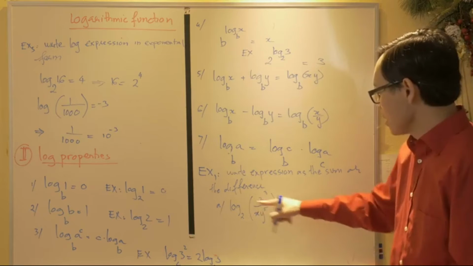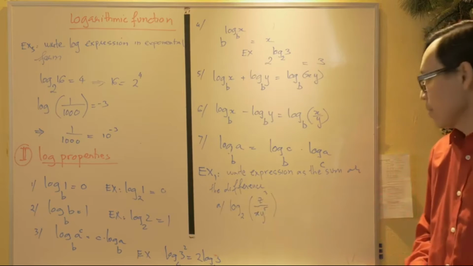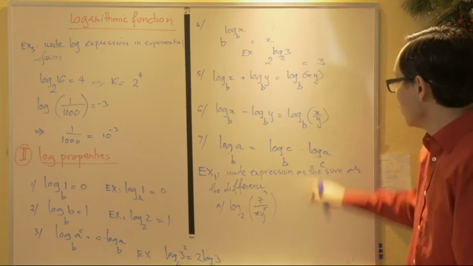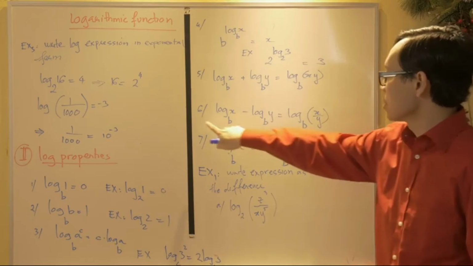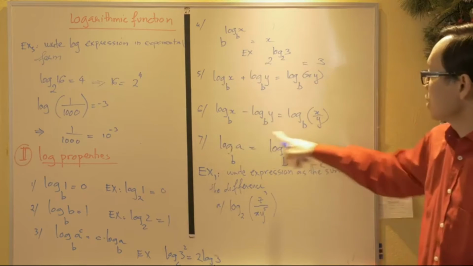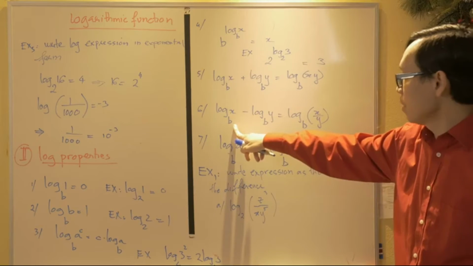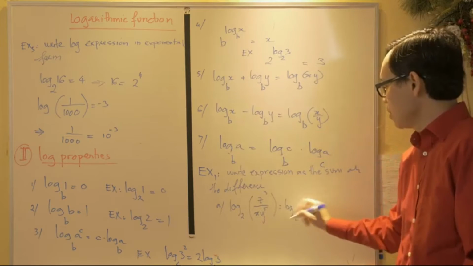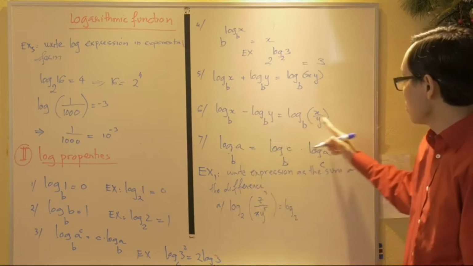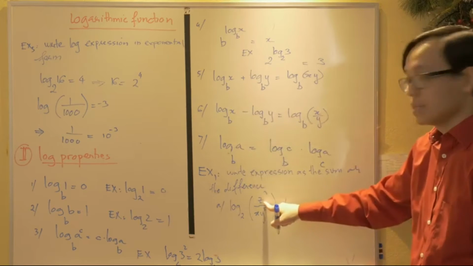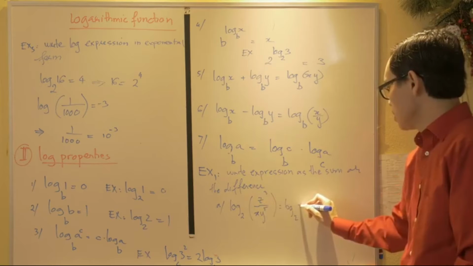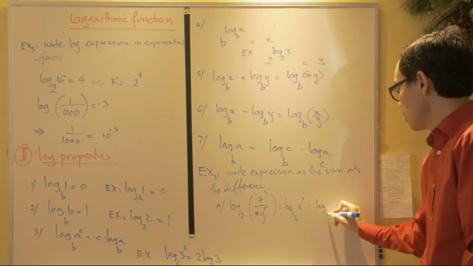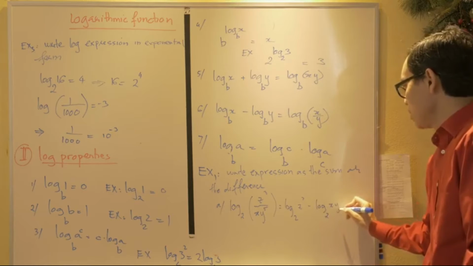Everything inside the parentheses is the argument, and it is in quotient form, so we can use property number 6. I can split it into a difference: log base 2 of the numerator, z to the third power, minus log base 2 of x y to the fifth power.